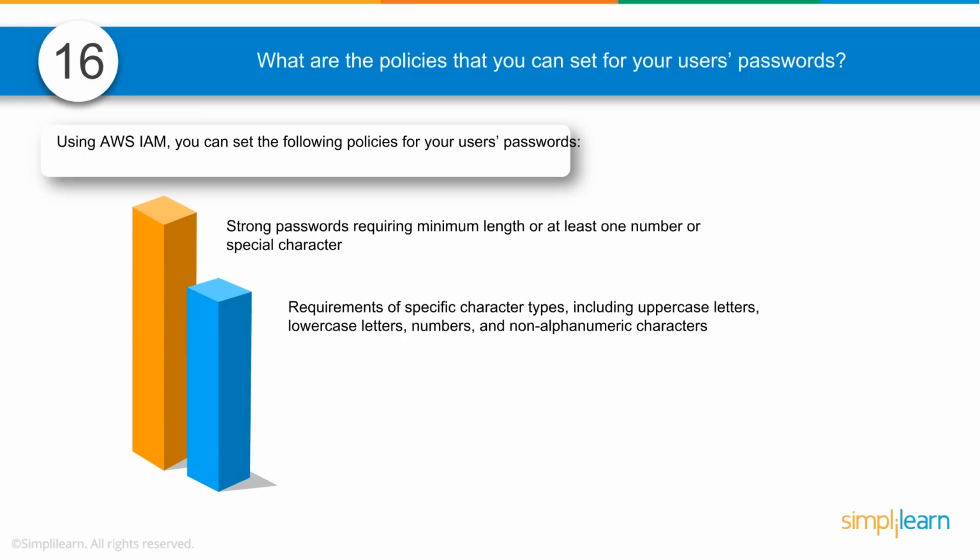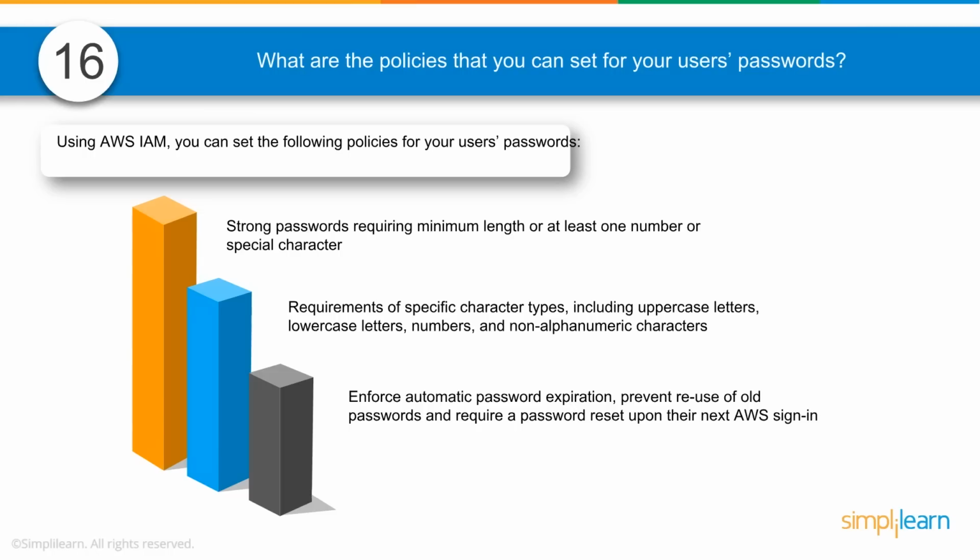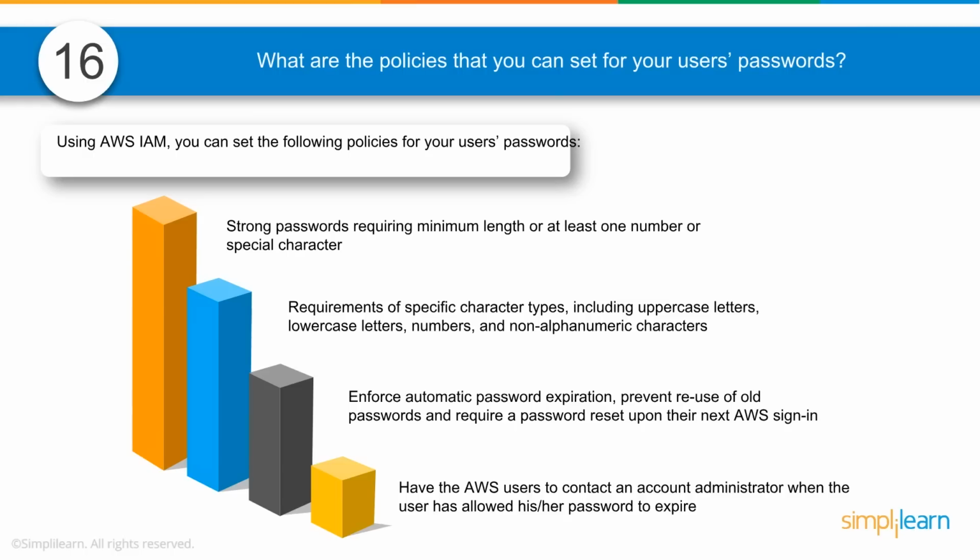So it becomes very hard for somebody else to guess the password and try to hack it. So we can set the length, we can set the complexity, and then we can set an automatic expiration of the password. So after a certain time, the user is forced to create a new password, so the password is not stale, old, and easy to guess in the environment.